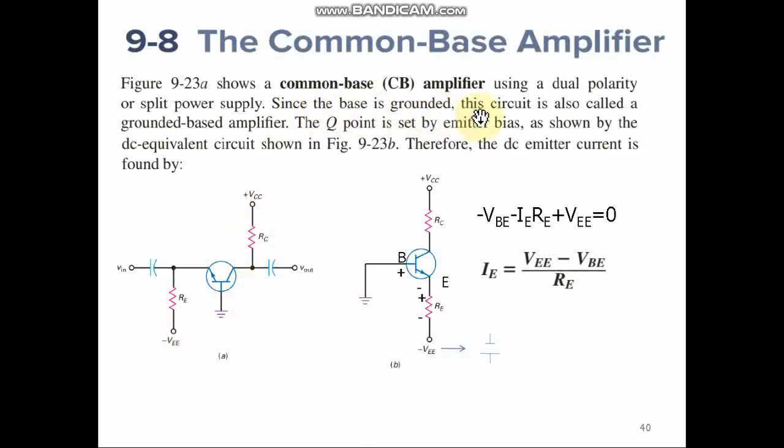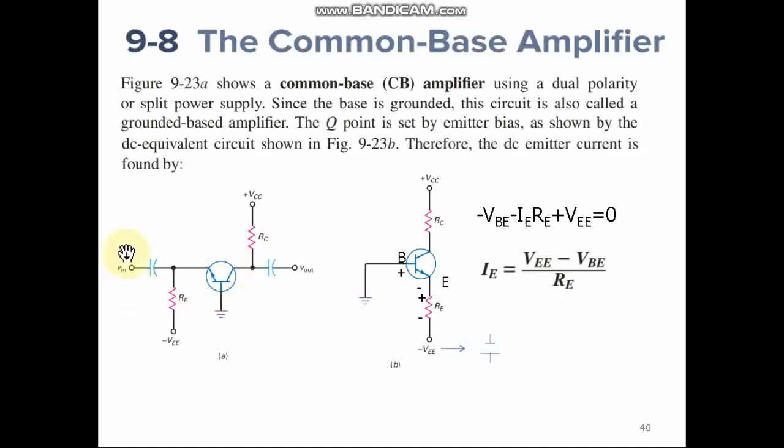Since the base is grounded, this circuit is called a grounded base amplifier. The Q point is set by emitter bias as shown by the DC equivalent circuit given in B. Therefore, the DC emitter current is calculated using this equation.